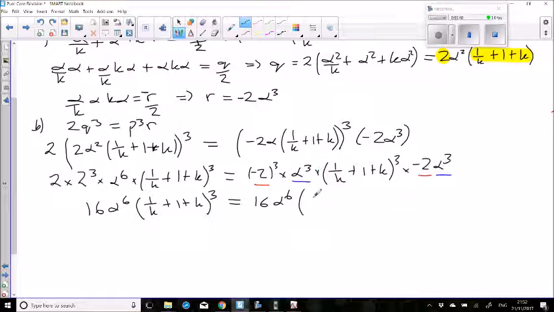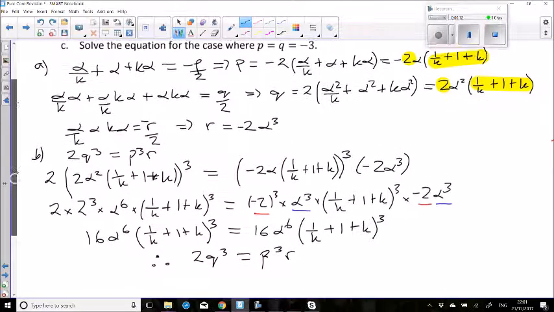And then I've got 1 over k plus 1 plus k cubed. Now, as you can see, those things are exactly the same. So therefore, we've just shown they're exactly the same. So 2q cubed is exactly the same as p cubed r.